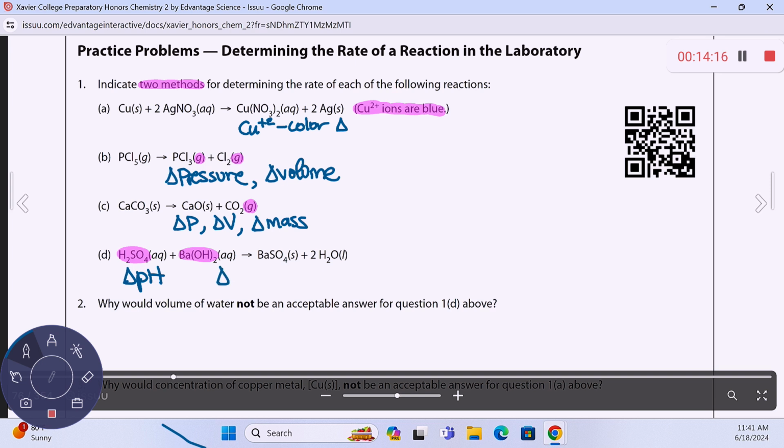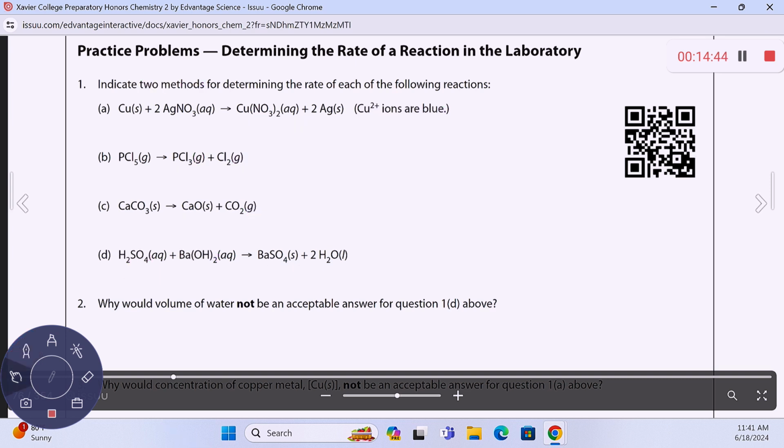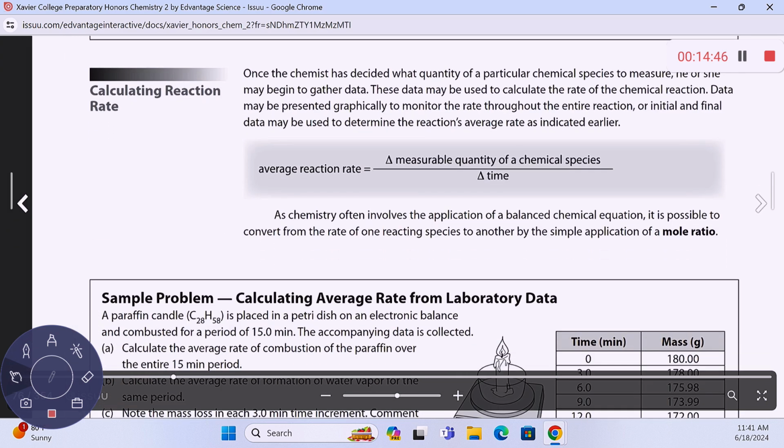You could measure the change in concentration of sulfuric acid by doing a titration at certain instances over time. You can measure the change in barium hydroxide concentration as well. You can't, however, measure the volume of water that is being produced over time. Like, there is no method that you have to make that happen. Does that make sense? Let's take a look at calculating reaction rate. Let's come down here. I need to stop this.